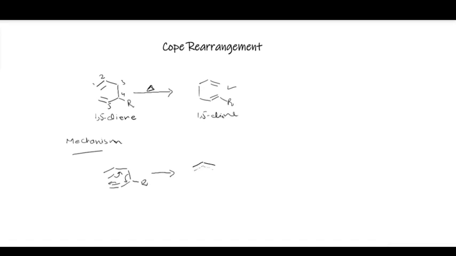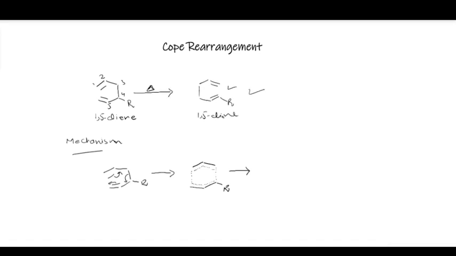We have the formation of a new double bond here. This single bond is in the process of breaking, and we have the formation of a double bond here. And this double bond also forms here. This R group is still attached here, and again we have the formation of a single bond here. So this is the transition state, and you can see that it's a 6-membered transition state.